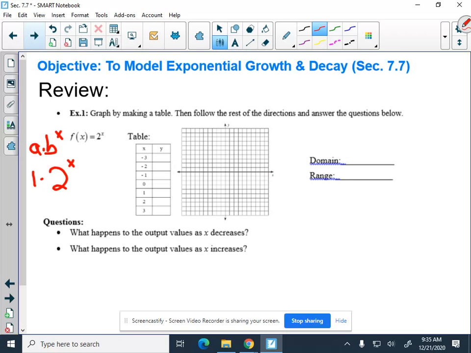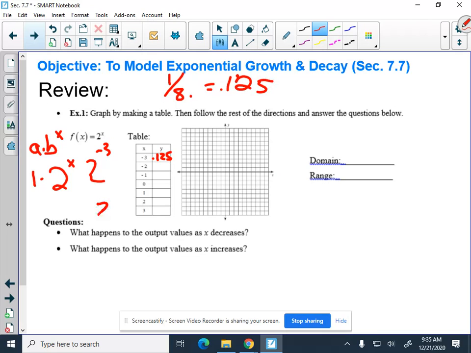Okay, but we'll see that as we go. So if we put in -3, 2 to the -3, you put it in the calculator, what comes out is 1 over 8. Now, I would rather you did it this way. It's easier to graph if you make it a decimal. So in your calculator, make 1 over 8 into 0.125, it'll make a lot more sense.